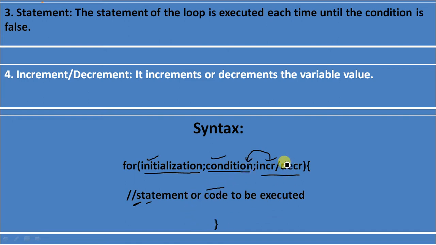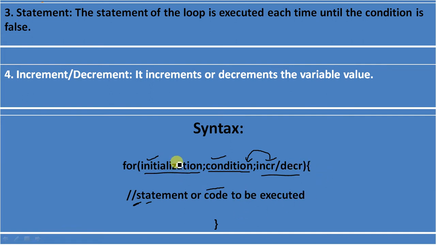Again it increments or decrements the variable value and checks the condition. This process happens again and again until the condition is false. When the condition is false, the control comes out of the for loop.